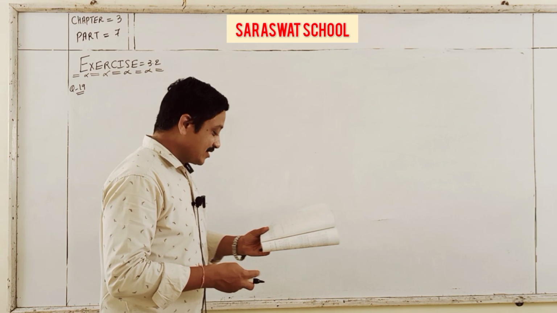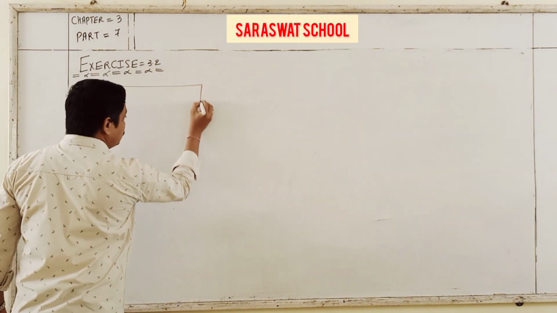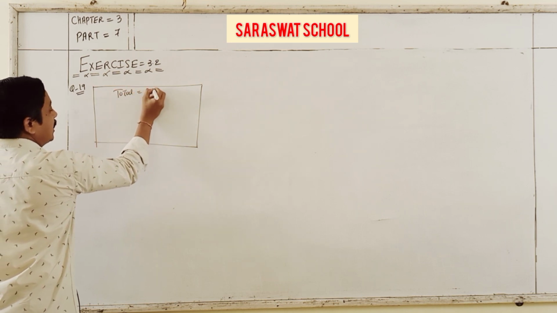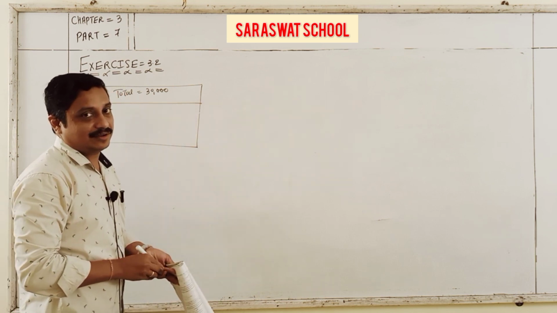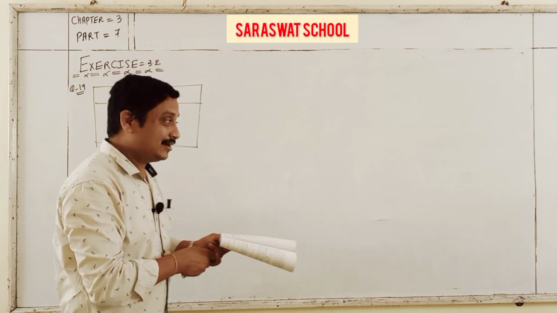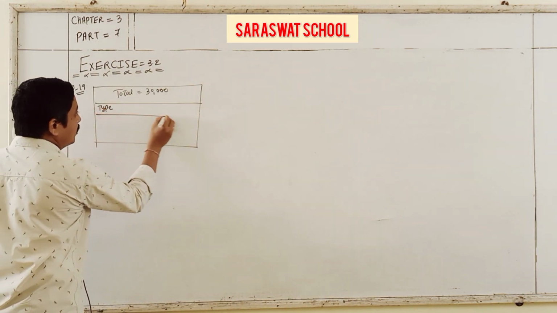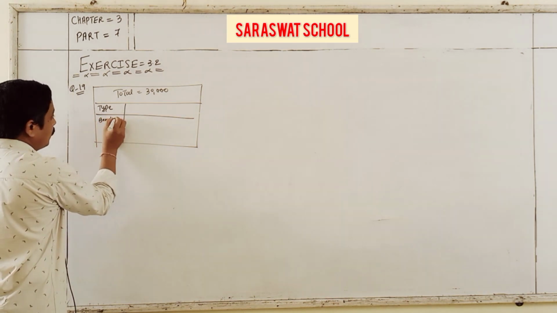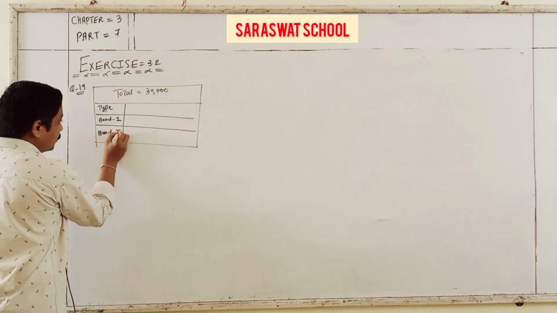So it is very easy. We consider that the total amount of 30,000 is distributed among two types of bond, bond 1 and bond 2.